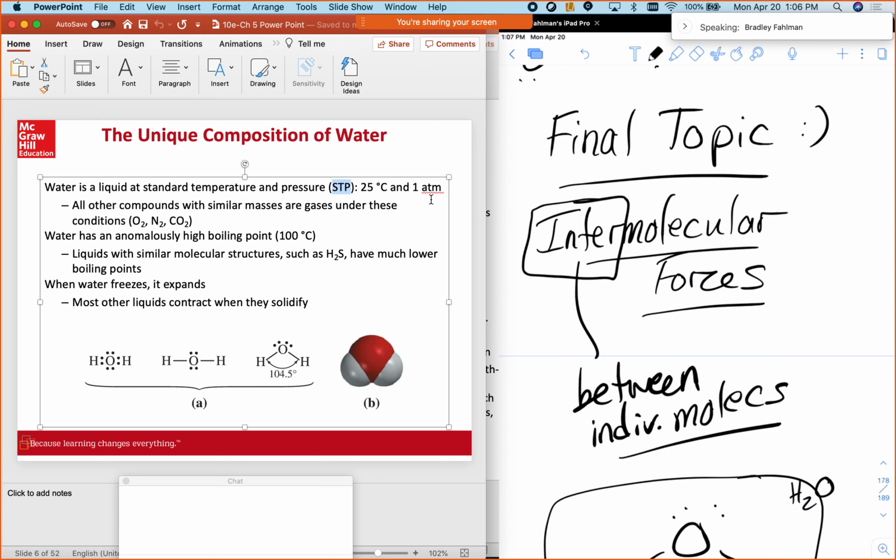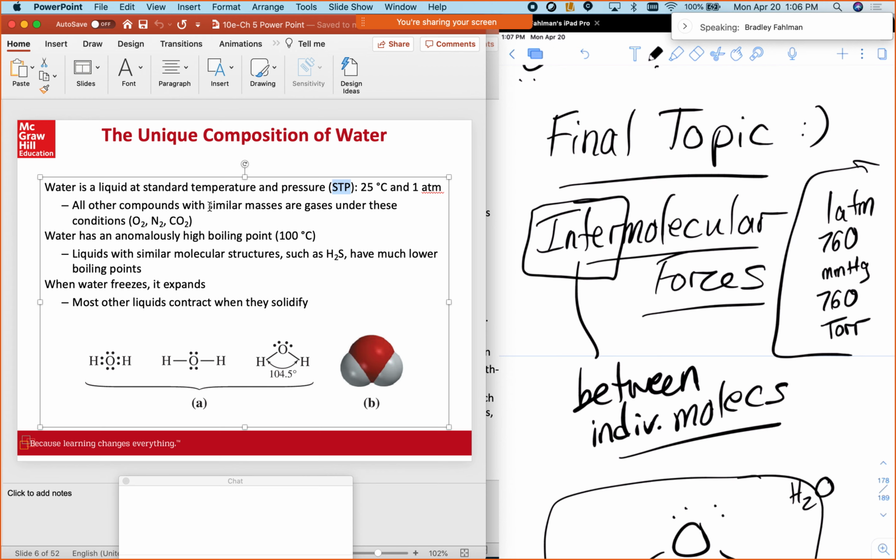Okay, so 1 atmosphere is 760 millimeters mercury or 760 torr. Okay, so all those are equivalent pressure units. And so under normal conditions, it's a liquid.